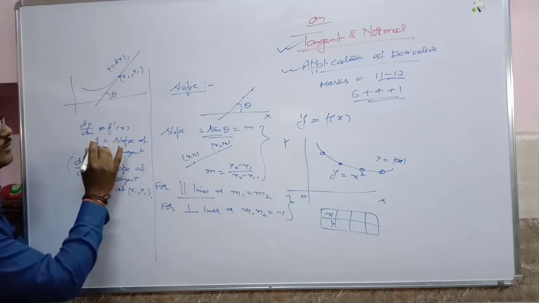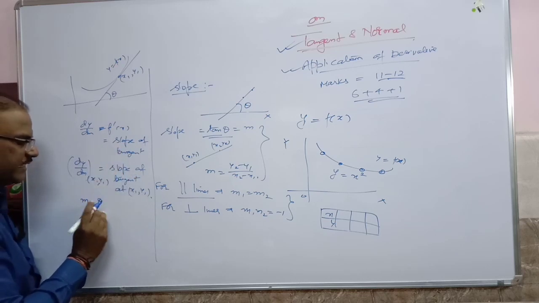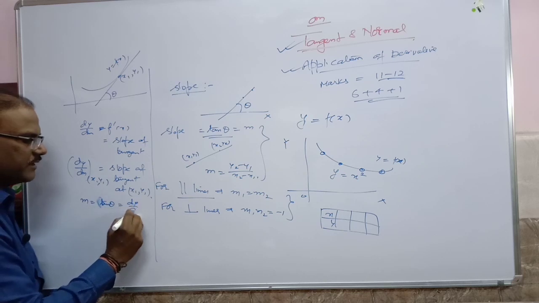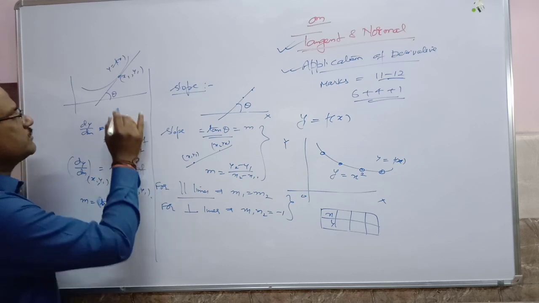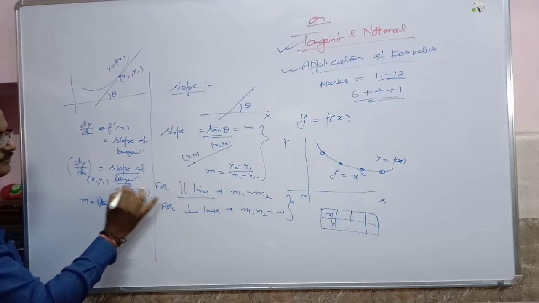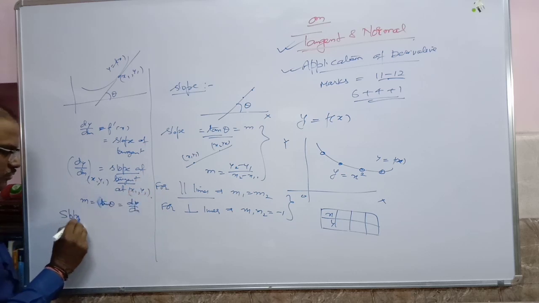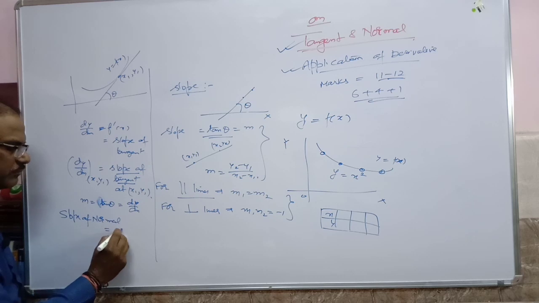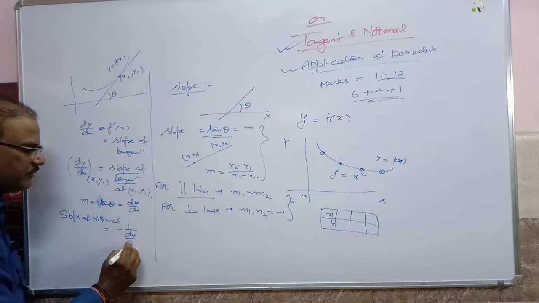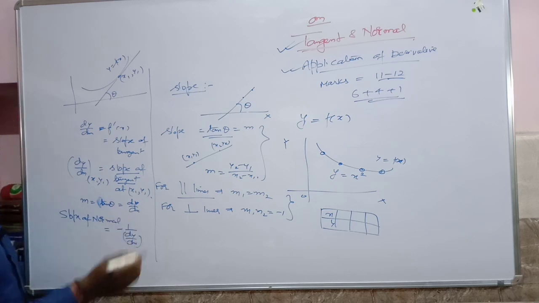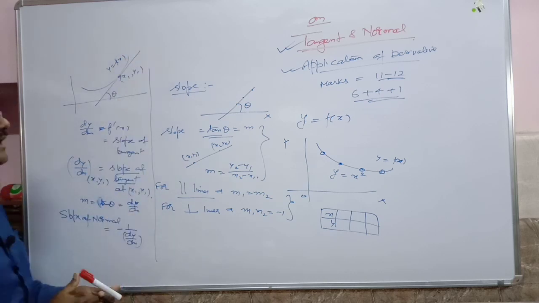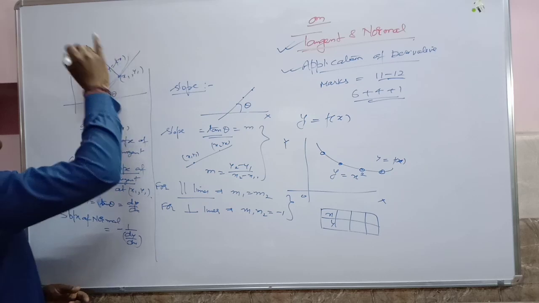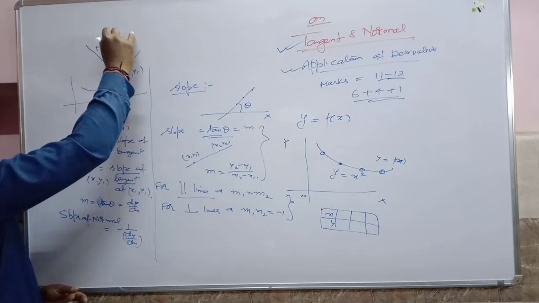They are all the same. Call it m, call it tan theta, or dy by dx. So that is the slope of the tangent. What about the slope of normal? Slope of normal is equal to minus 1 upon dy by dx. This is a tangent as you know, and this one is a normal.